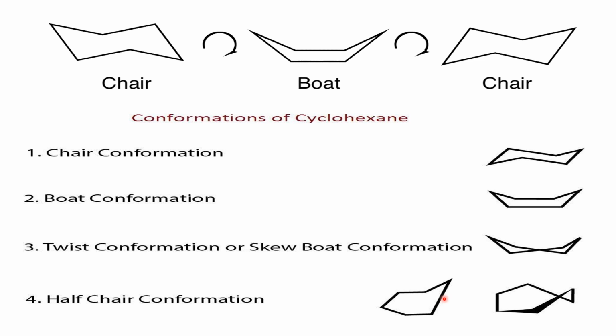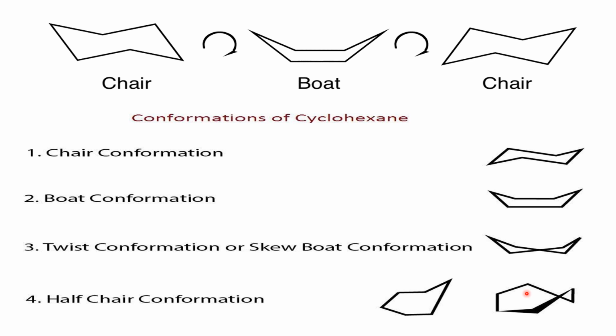So the transition of chair to boat conformation or boat to chair conformation occurs through the formation of twist or skew boat conformation, half chair conformation, etc. You got it?